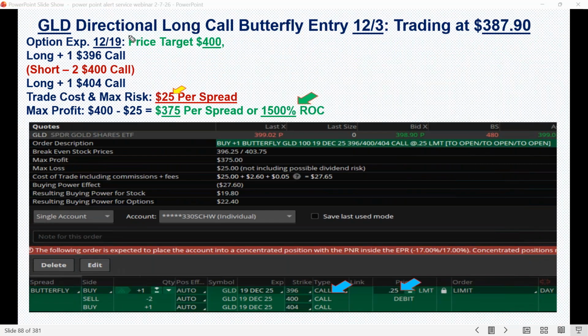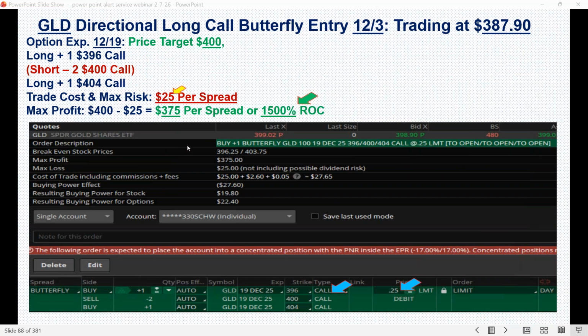And this was an alert trade set up, sent out to members. So here was 396, 400, 404. Cost of the trade was 25-cent debit cost or 25 bucks. Spread width $4 wide. Potential profit, if it went out right at the top of the tent, would be 375. That would be 1,500% return if that was hit.